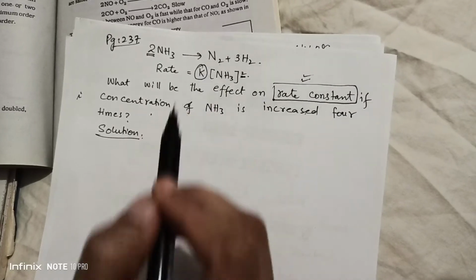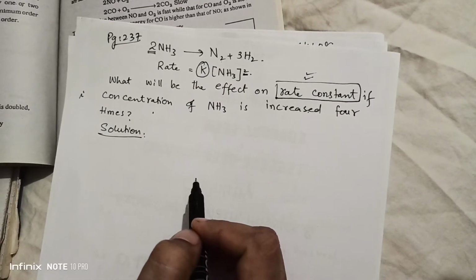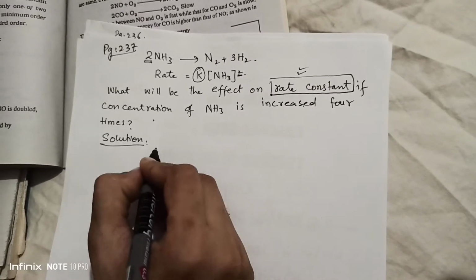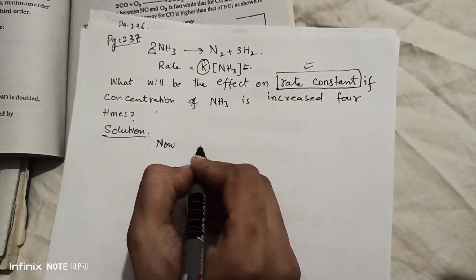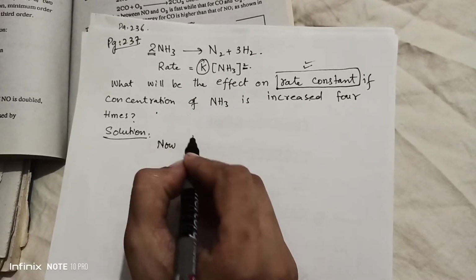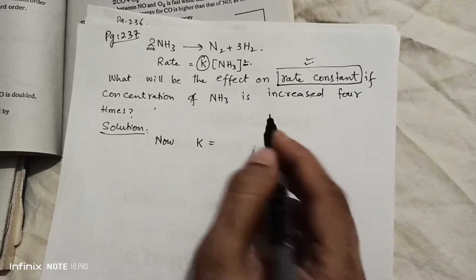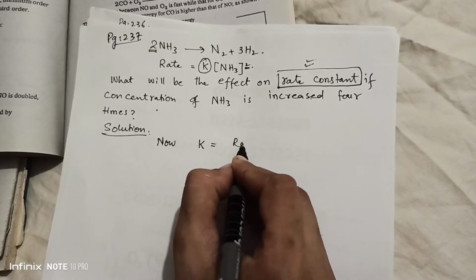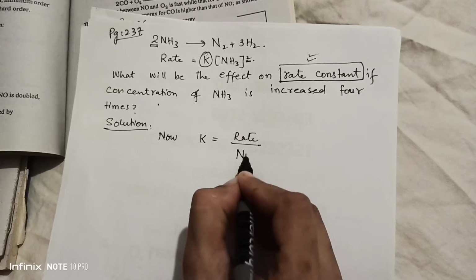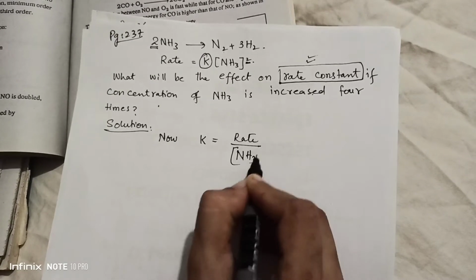This is the rate constant. So let's start. As we know, it's asking about the rate constant, so what will be its value? Rate and [NH3] squared will be divided on the other side.